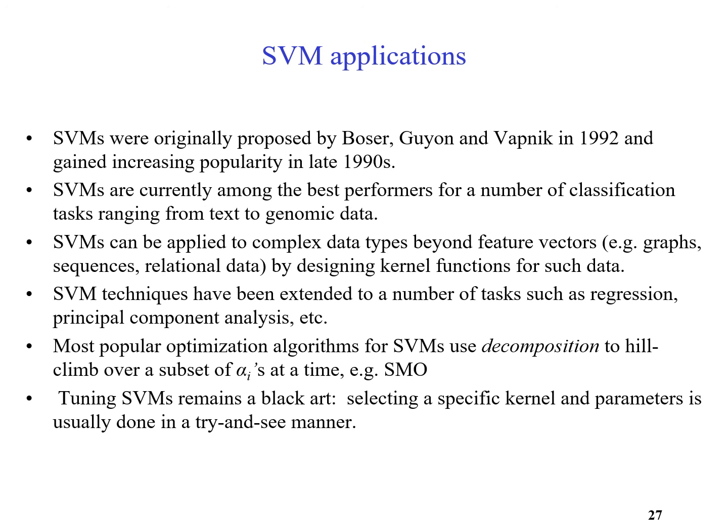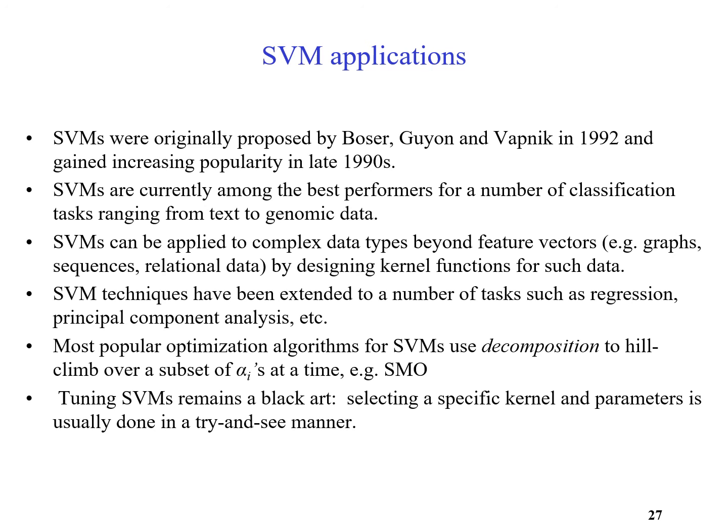SVM was first proposed by Boser, Guyon, and Vapnik in 1992, and gained a lot of popularity in the late 90s and early 2000s, when it showed the best performance, ranging from text to genomic data. As I said, SVM can be applied to many different data types, not just flat data. You can use it for text, network, genomic data, whatever.